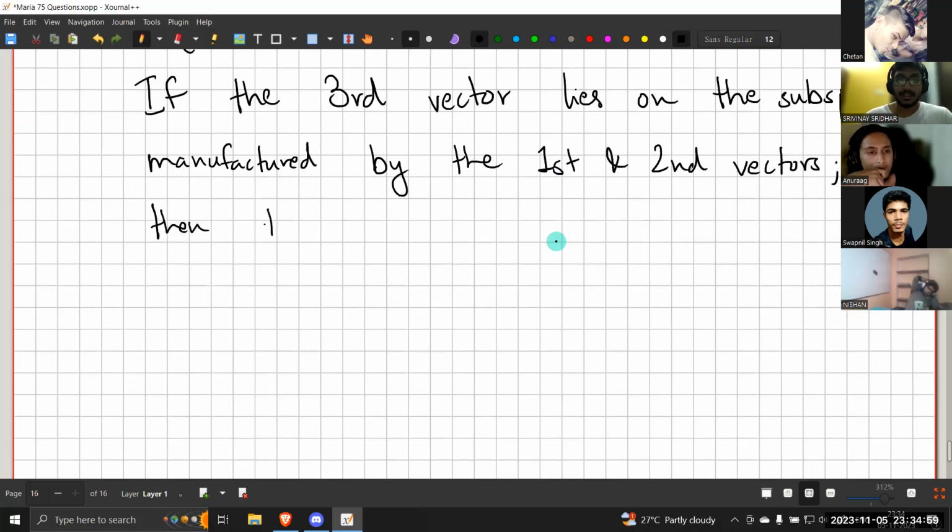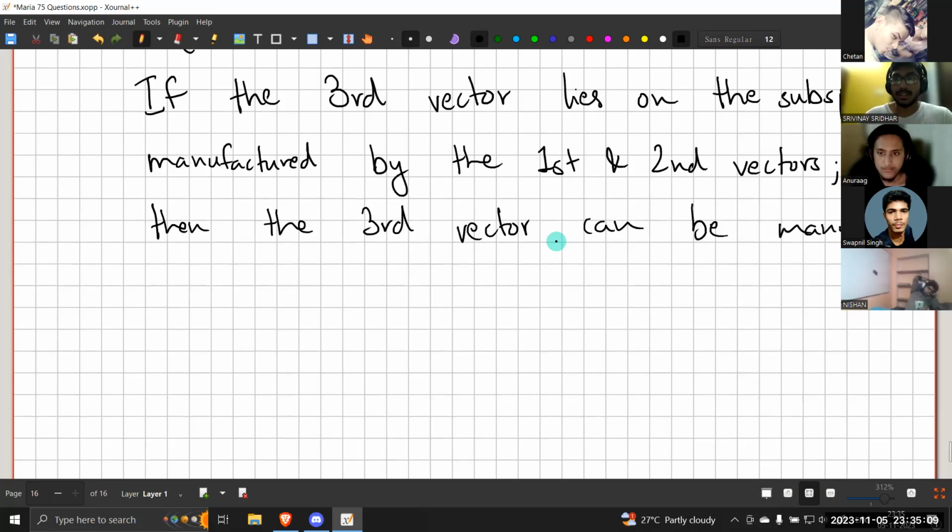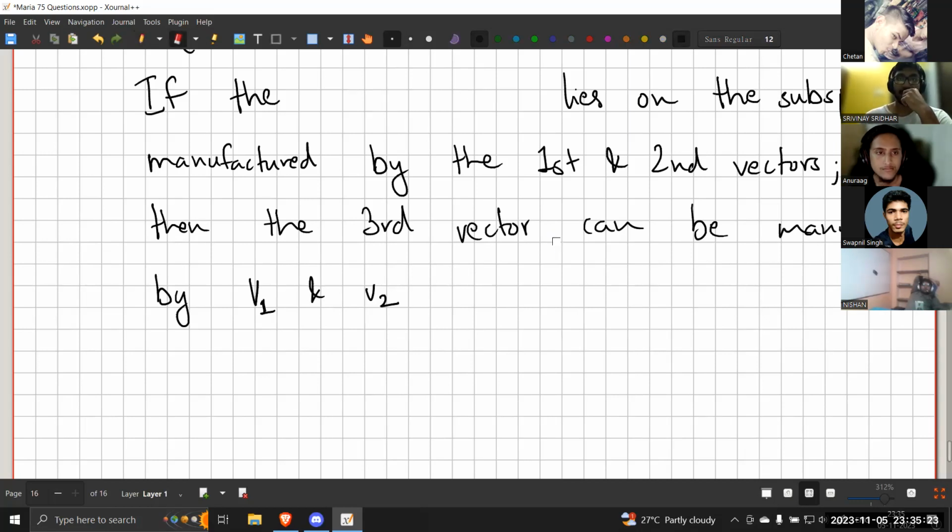then the third vector can be manufactured by V1 and V2. Let me call them V1, V2, first vector and second vector. Or maybe I can make this better.